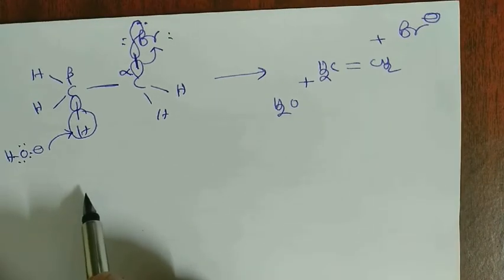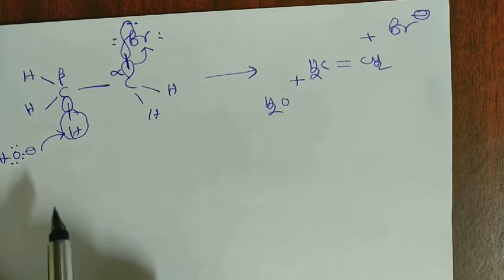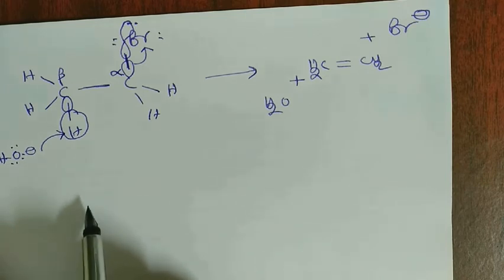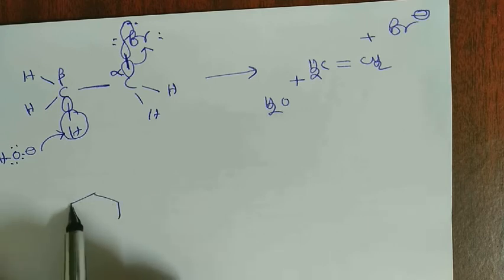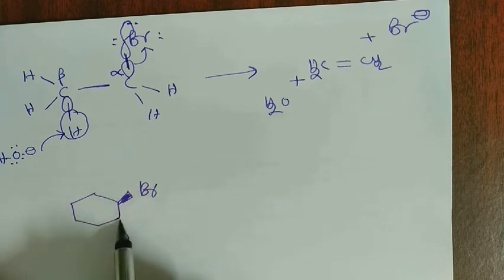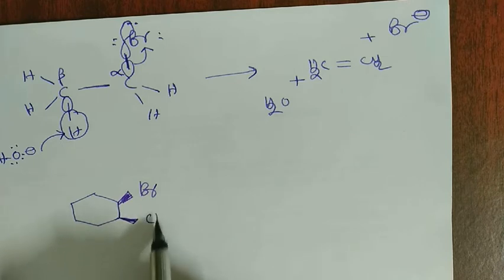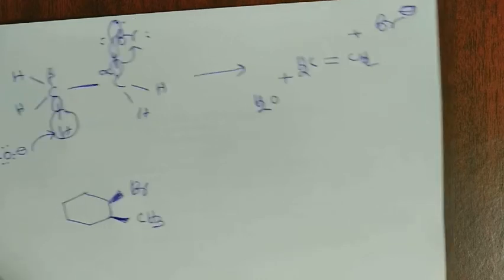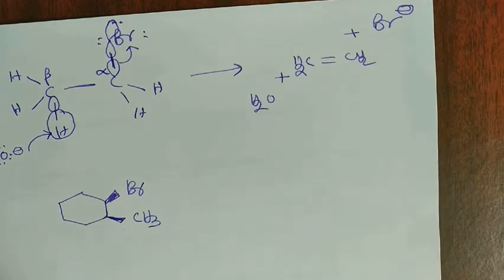It can be illustrated with halocycloalkanes. For example, the cis and trans isomers of 1-bromo-2-methyl cyclohexane give different products when subjected to dehydrohalogenation.